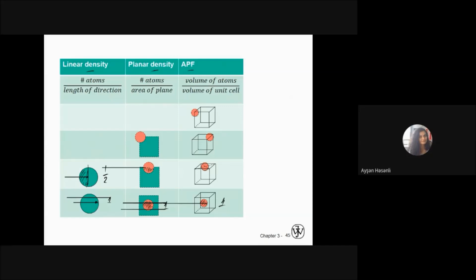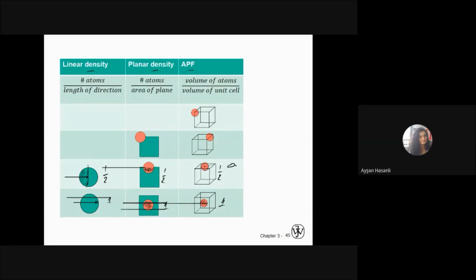Half of this atom's area is inside this rectangle. This atom is centered at the face diagonals, so half of its volume would be inside the cube.